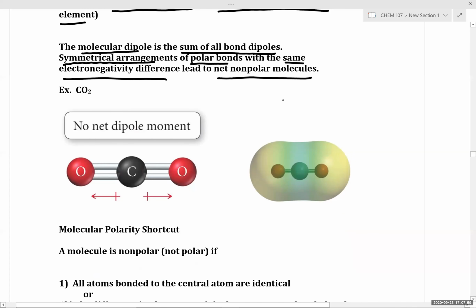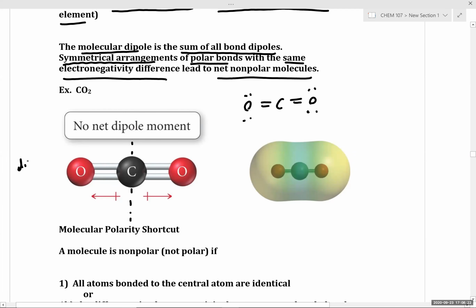Let's look at carbon dioxide for a moment. As we can see, we have two polar bonds, but those polar bonds are arranged symmetrically. The dipoles have the same magnitude, we have the same bond dipole, but they're pointing in opposite directions.